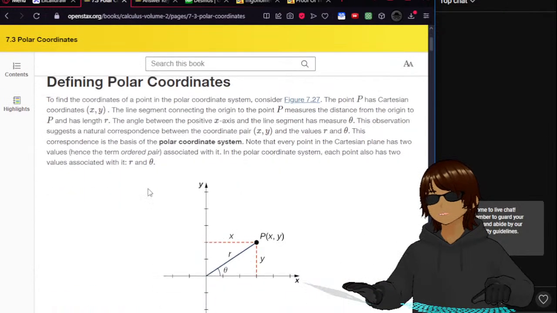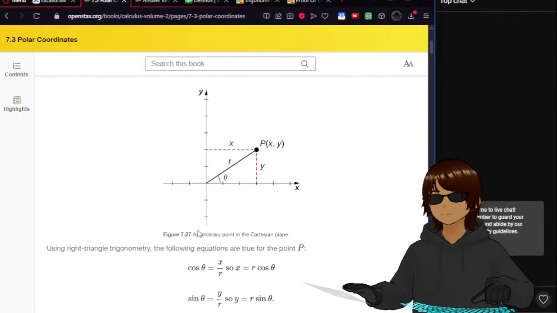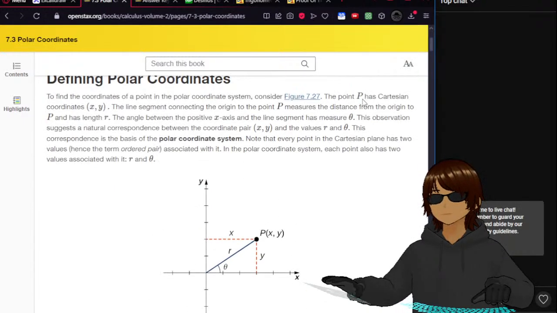So polar coordinates. To define the coordinates of a point in a polar coordinate system, consider 7.27. The point P has Cartesian coordinates x, y, and the line segment connecting the origin to the point P measures the distance from the origin to P and has length r. The angle between the positive x-axis and the line segment has measure theta.